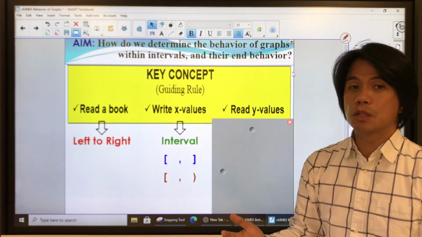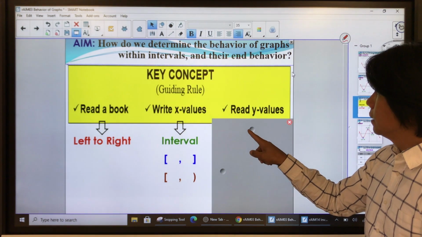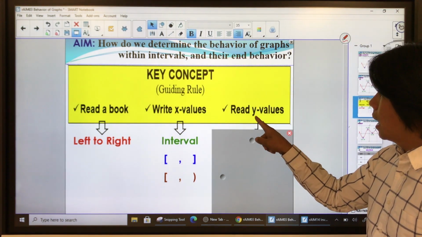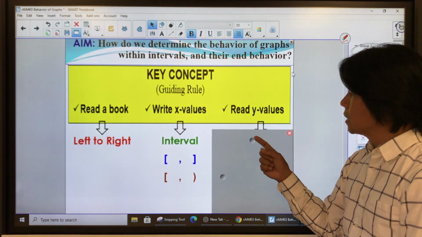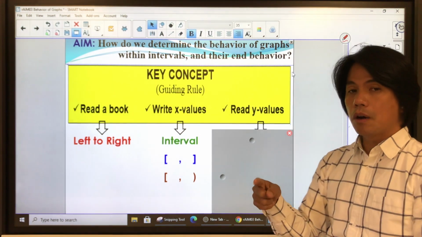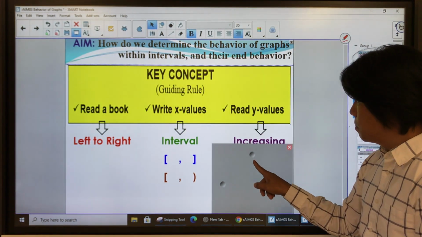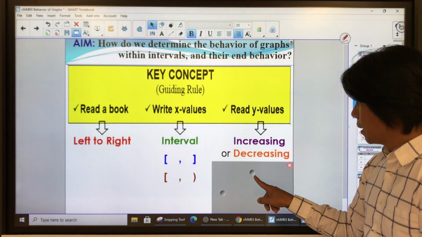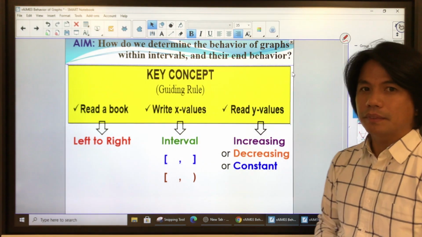It depends on the situation. You're going to see that in the model problem later. And the last one is you read the y values, and that will tell us the behavior of the graph within that interval. It could be increasing or decreasing or constant.